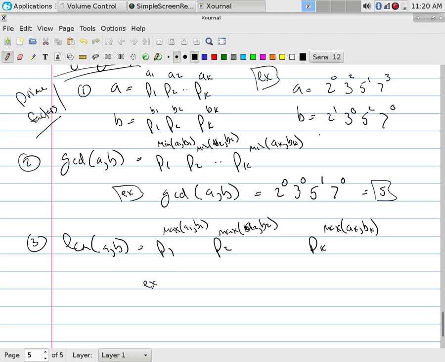So for our example, the LCM of A and B, we have 2. What's the largest number of 2's I see? 1. What's the largest number of 3's that I see? 2. What's the largest number of 5's that I see? What's the largest number of 7's that I see?